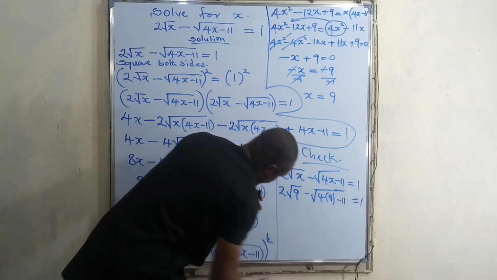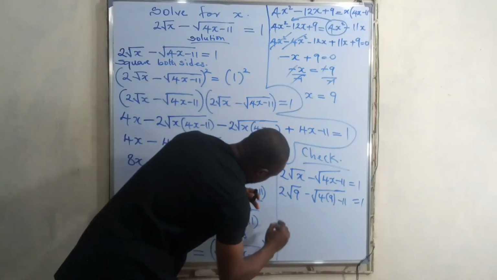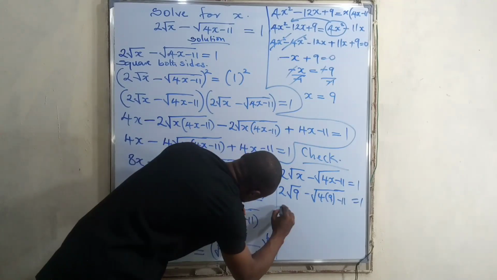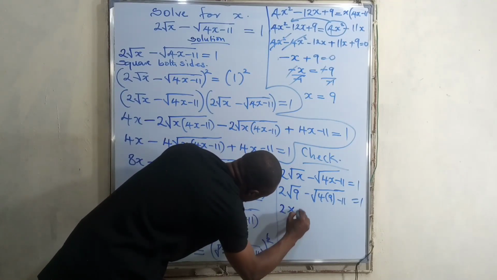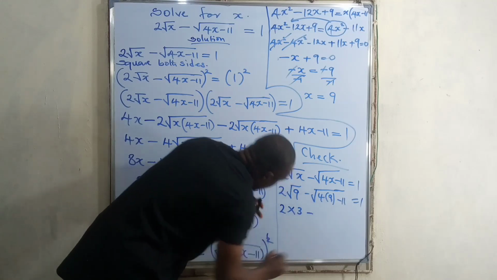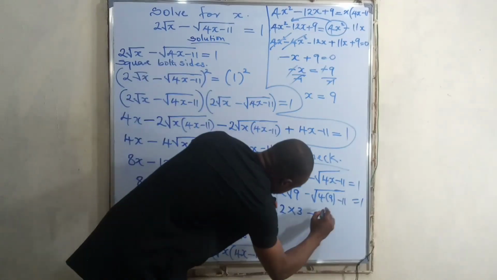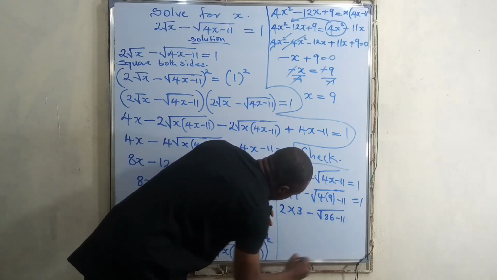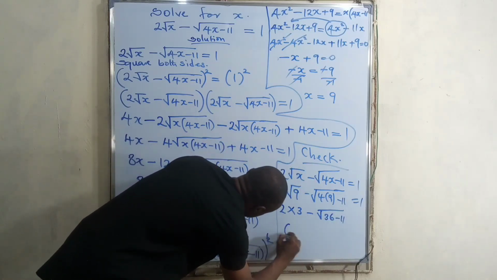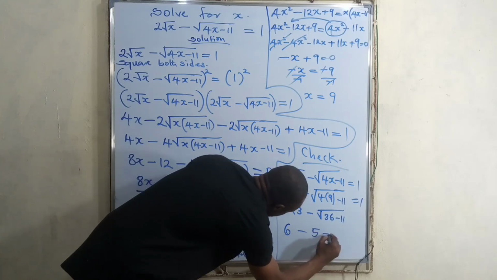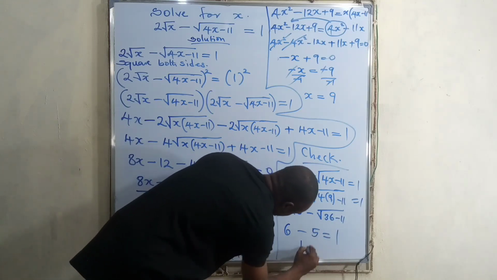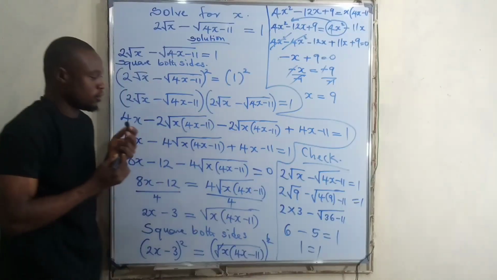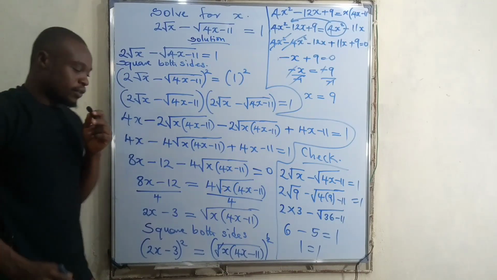Instead of that x, write 9. So now the root of 9 is 3, so we have 2 times 3, minus the root of 4 times 9, which is 36, minus 11, and 36 minus 11 is basically 25. So we have 6 minus 5, which is 1. So therefore our answer is 1. Thank you very much for watching.